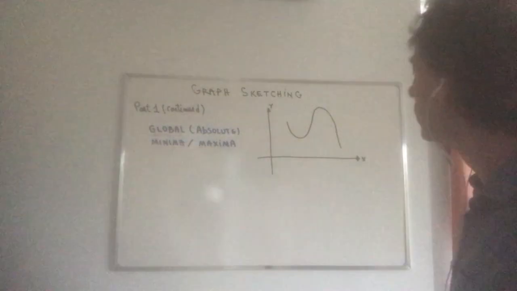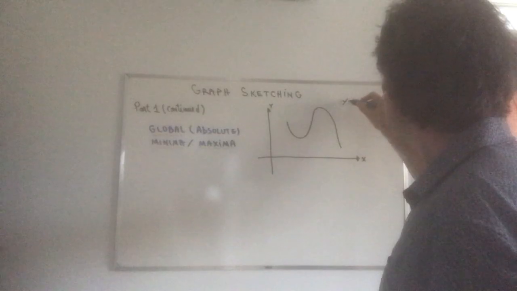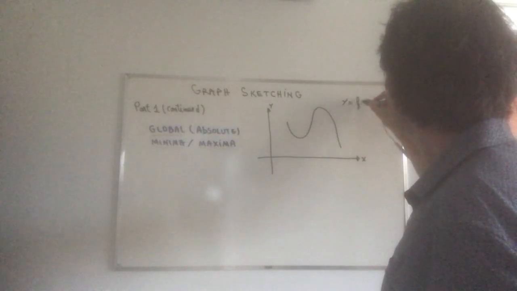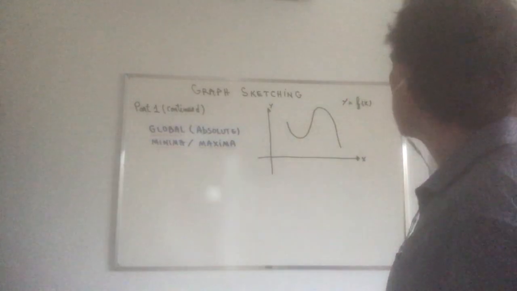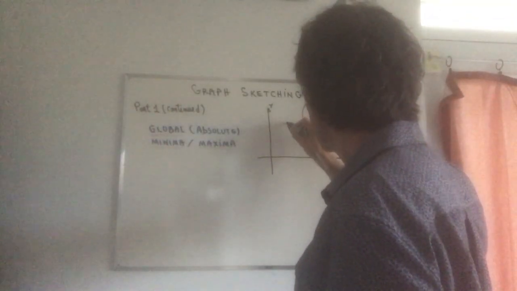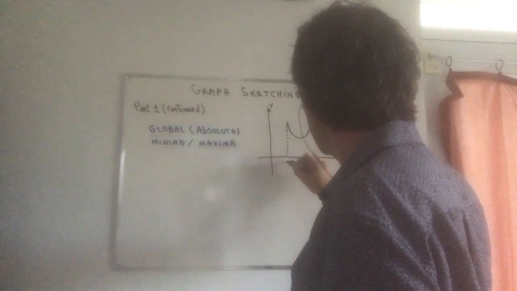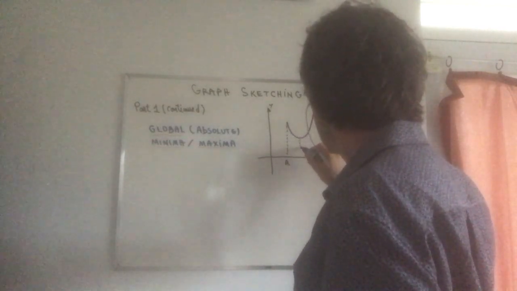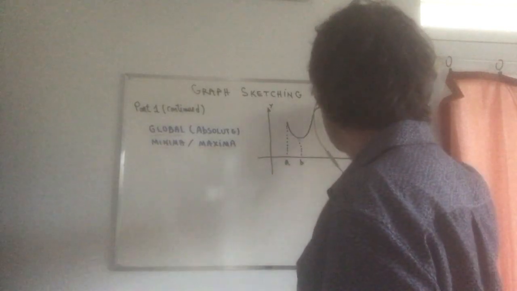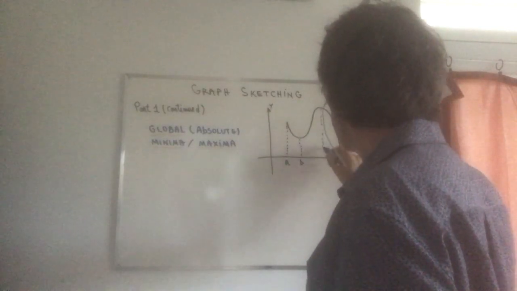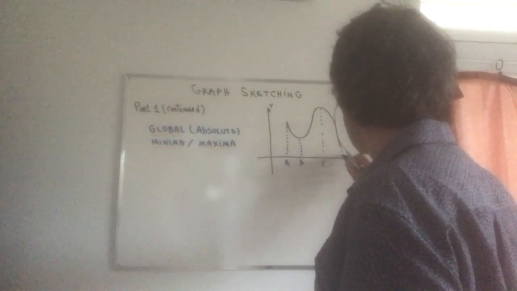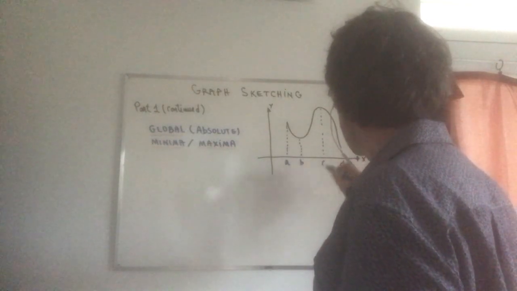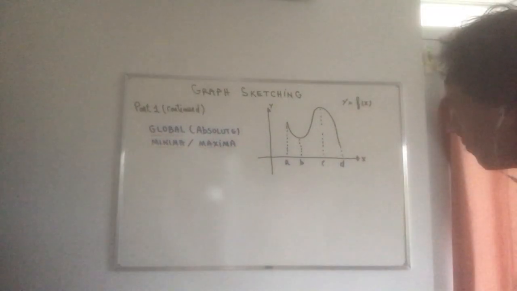Not a very original graph, but it'll have to do. All right, so let's give ourselves a few points here. Say this is our point A, our point B, another important point C, and another point D.